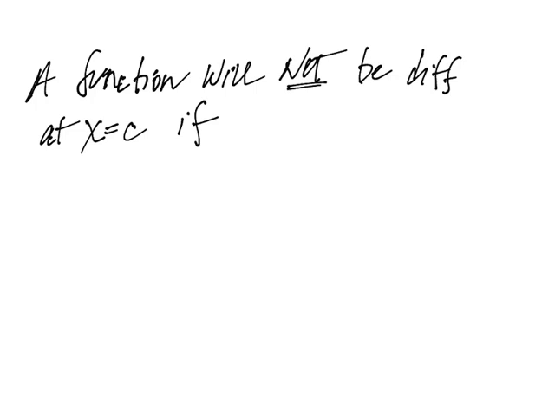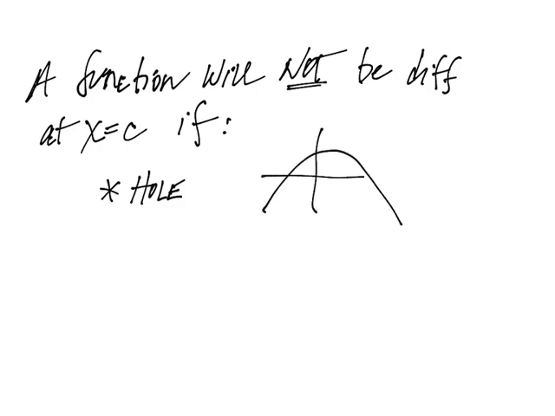Now, maybe to make this a little more clear, let's make a list of items where a function would not be differentiable at a given value of x. Let's start off by talking about things that would keep us from finding slope at a given point. Things such as holes. So, for instance, I've got a graph that looks something like this, and I happen to have a hole right here at x equals 1.